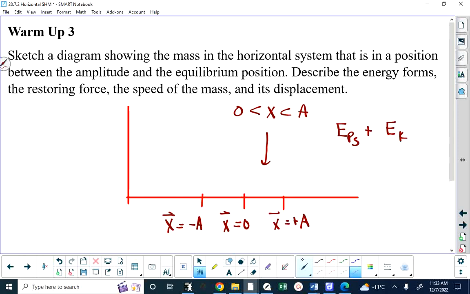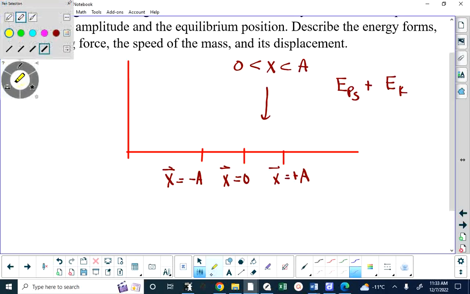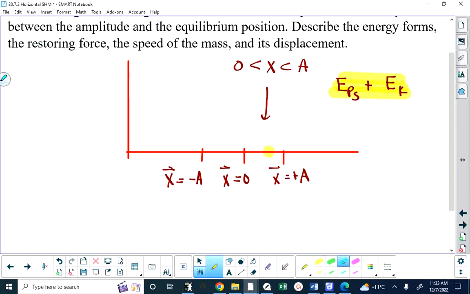But the point I want to get at is the following. If the mass is somewhere in between, this is the mechanical energy. If the mass is here, then the mechanical energy is only kinetic.